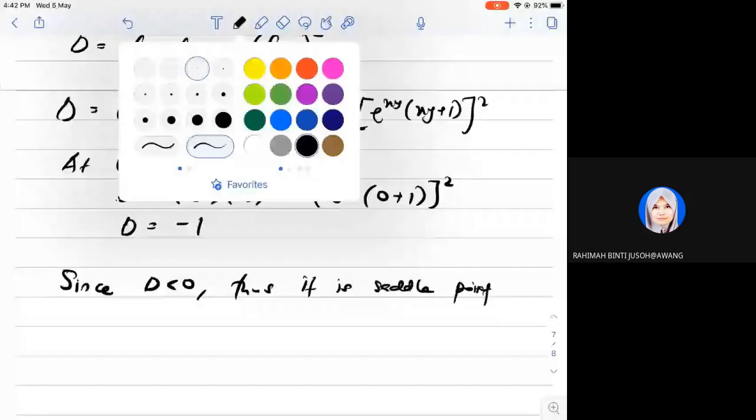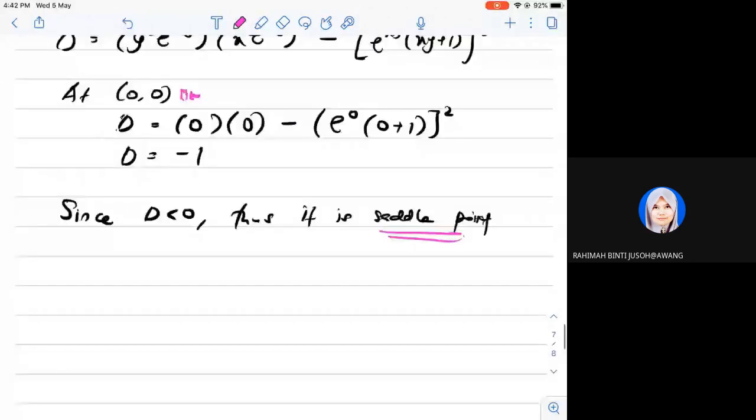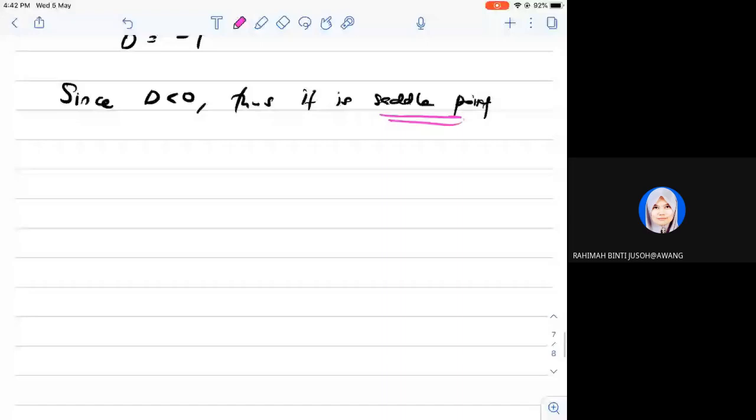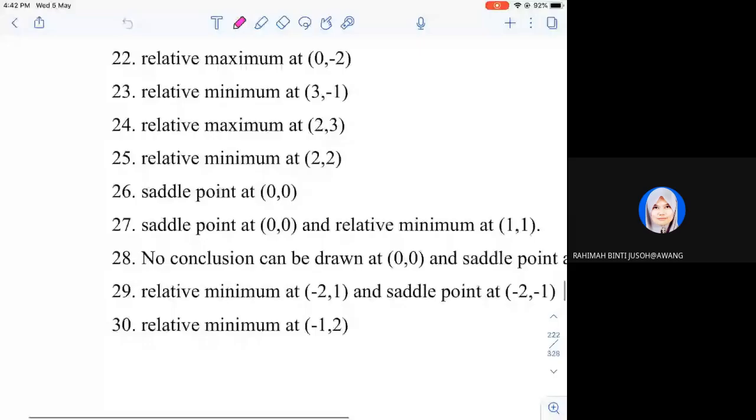Okay. Kita tengok satu lagi soalan lah. Saya nak cari yang ada dua critical point. Kita tengok soalan nombor question 29. Sebab yang lain kosong-kosong, saya tak nak kosong-kosong.